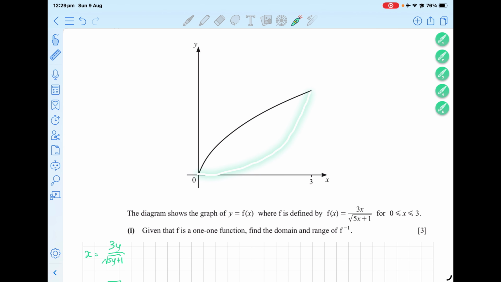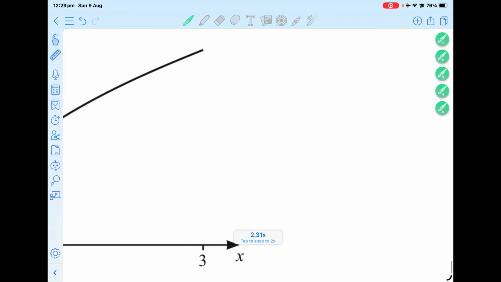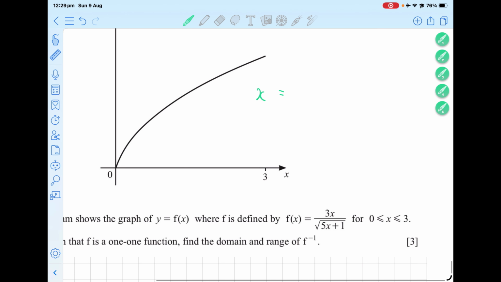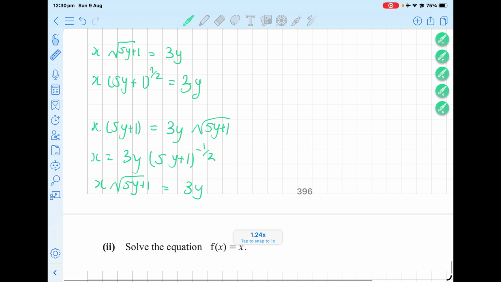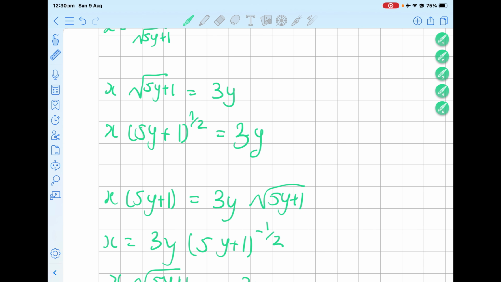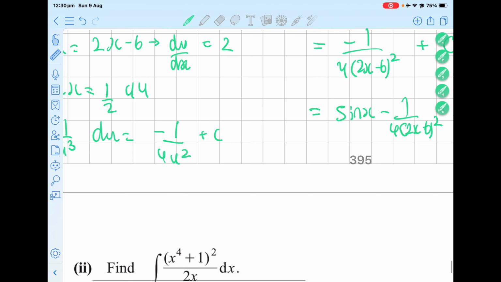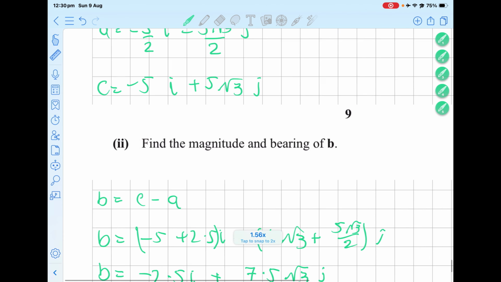If I say that all of them are the same for one second, root of 5x plus 1, then I could literally solve this as root 5x plus 1 equals 3, so 5x equals 8, so x equals 8/5. So that will be simple, but here we have two different variables. We have a root of 5y plus 1 and we have the 3y. Didn't I solve the 5y puzzle? No.